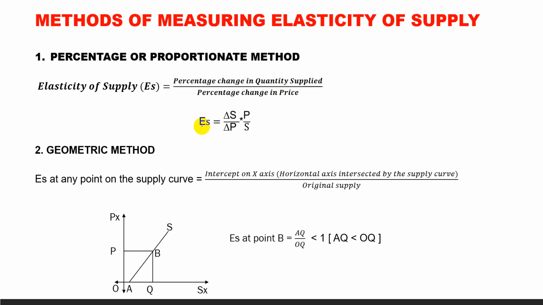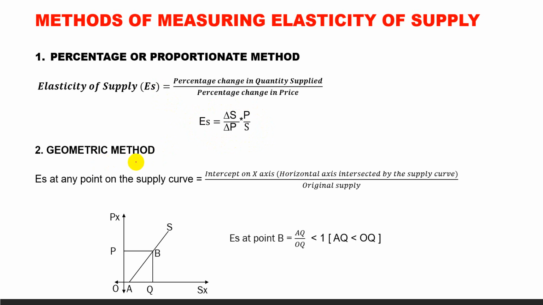It can be expressed as elasticity of supply is equal to change in supply delta S over change in price delta P, multiplied by P original price over S original supply. The coefficient of price elasticity of supply is positive because price and quantity supplied are directly related or positively related.